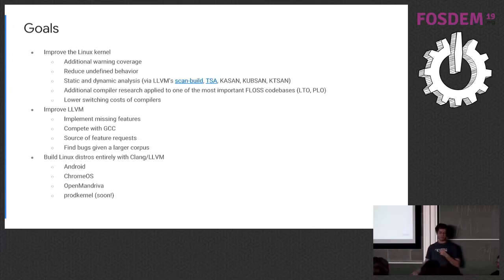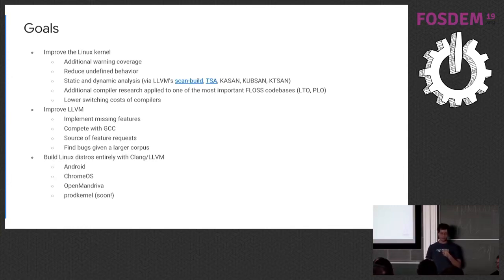Otherwise, the dynamic analyses, like address sanitizer, undefined behavior sanitizer, and thread sanitizer, all have kernel variants implemented in LLVM, which are really nice. There's some cool newish stuff that we're looking to do in the kernel. We're still working through a lot of issues, but things like link time optimization, and lately some research on post-link optimization that we're playing around with a little bit on our kernels.